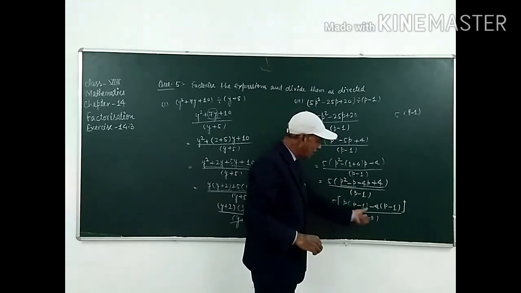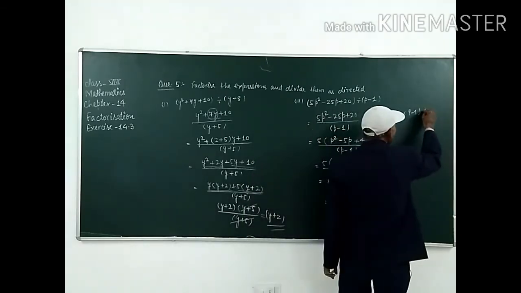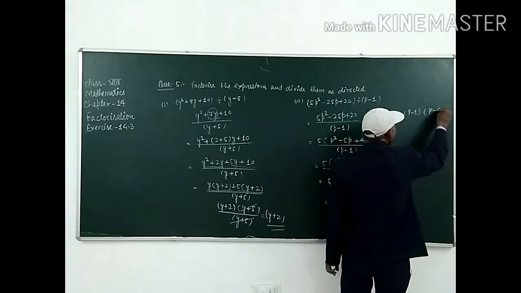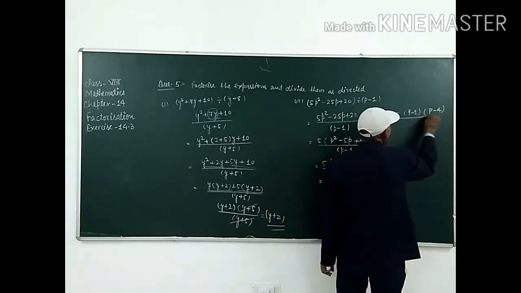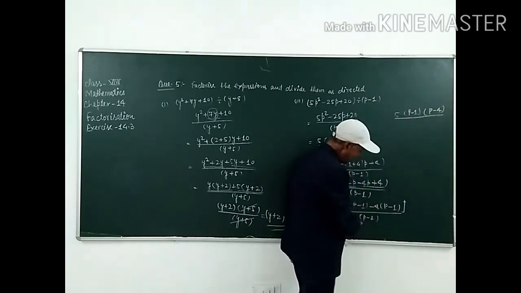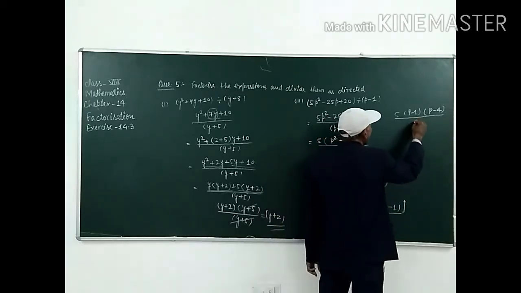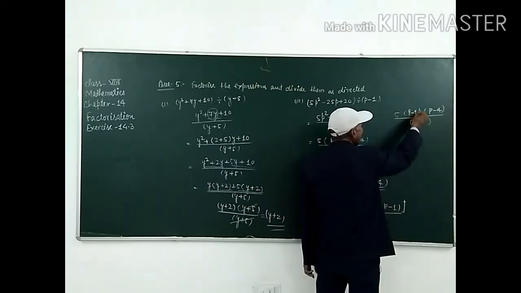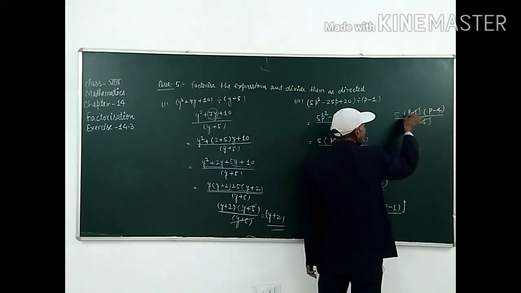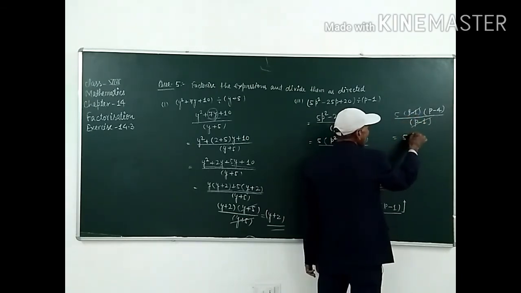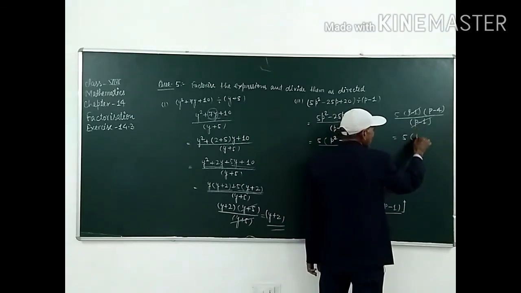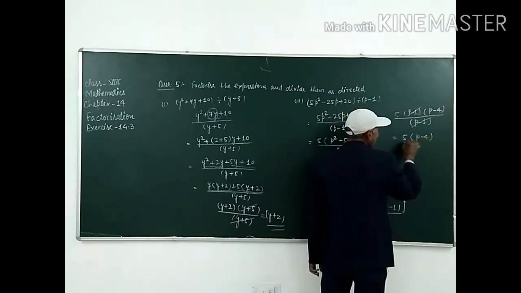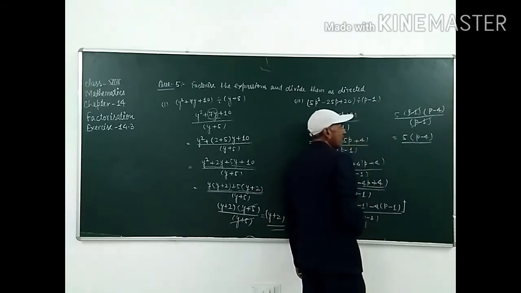So, p minus 4 will remain in the next bracket, that is p minus 4, divided by this one p minus 1. Now, this p minus 1 is in the numerator and this one is in the denominator, so it will be cancelled, only 5 into p minus 4 will remain, and this one is the answer.